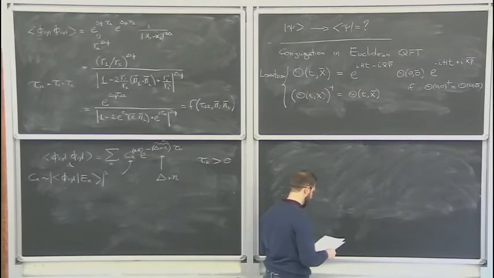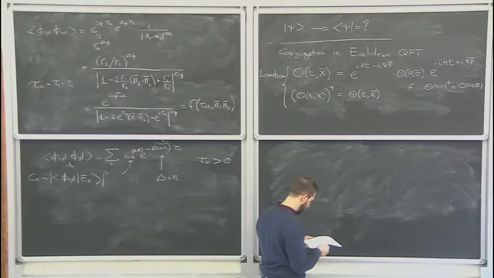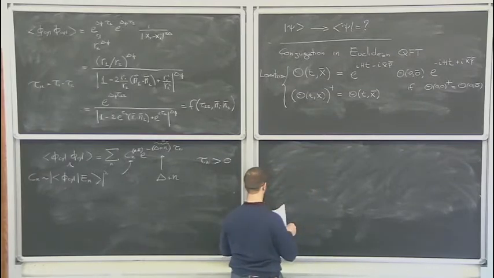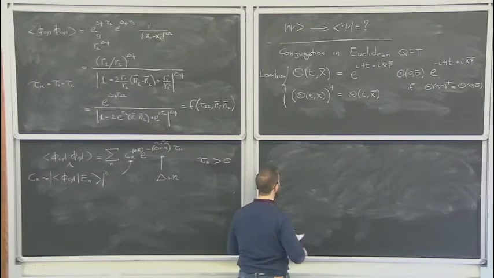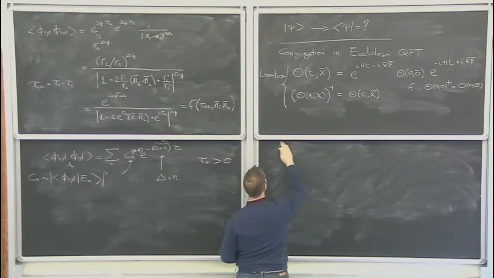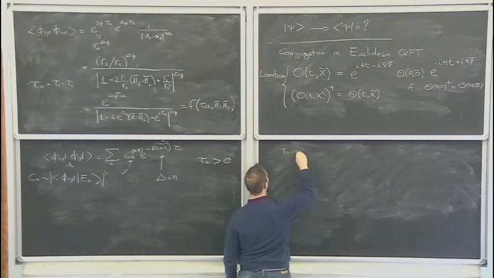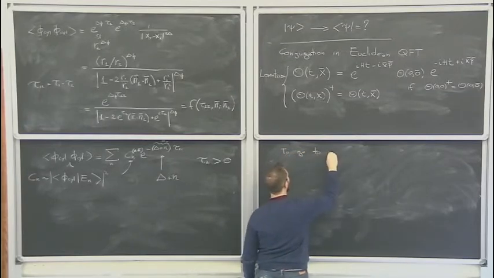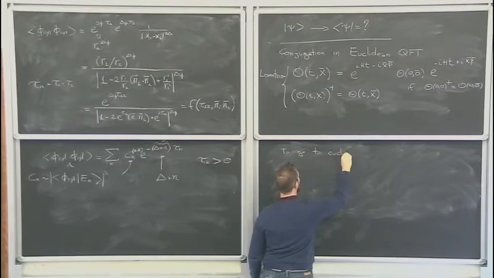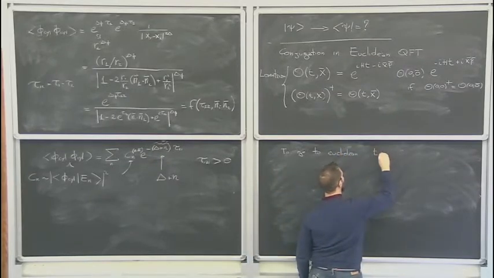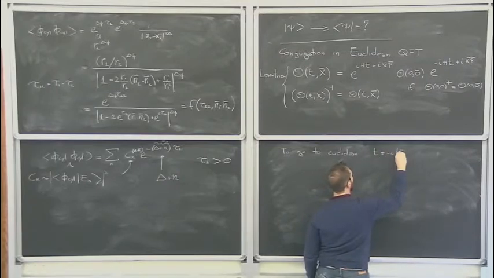Let's see, what are my conventions? To go to Euclidean, we define t to be minus i t Euclidean.